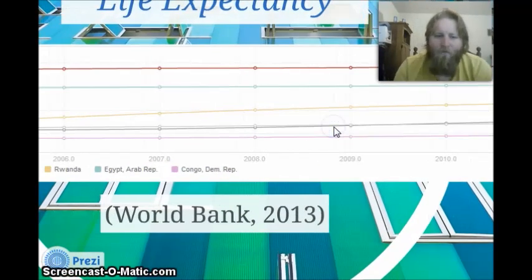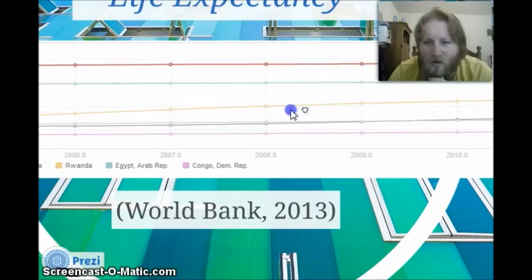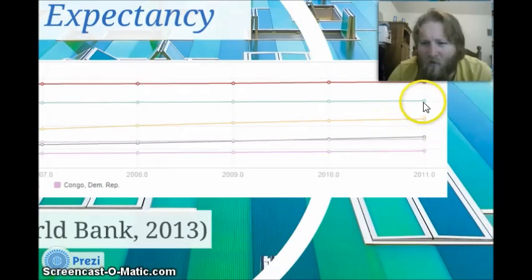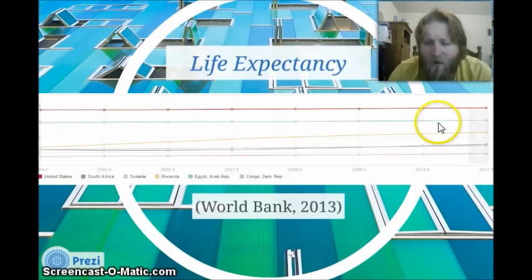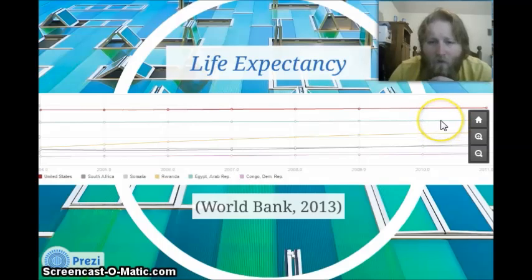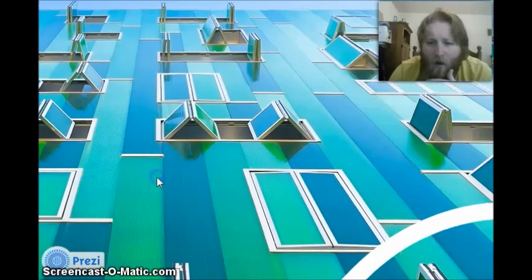So in a matter of 7 years, they raised their life expectancy rate 10%, which is a huge number. And when you look at them compared to Egypt and the U.S., I mean, those are good numbers right there, showing a good trajectory for them to really reach where developed nations are today.